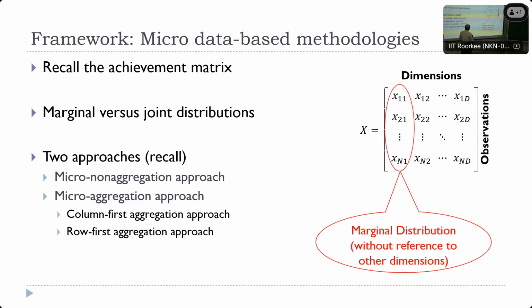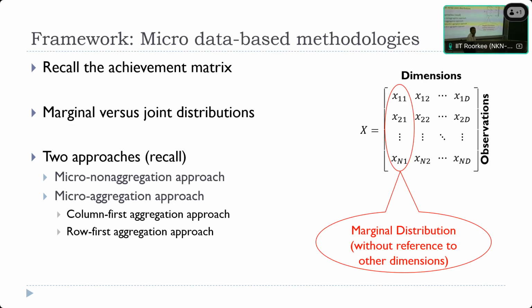So, these are the marginal distributions, right? So the question for you. Suppose a poverty measurement methodology, say poverty index A, uses column first aggregation.